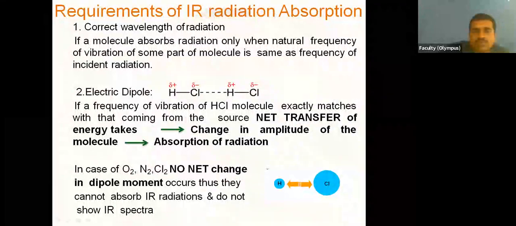Polar means what? Like this HCl. In HCl, this bond is not 100% covalent or 100% ionic.